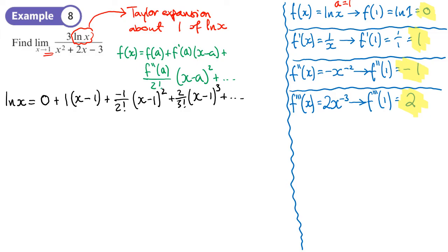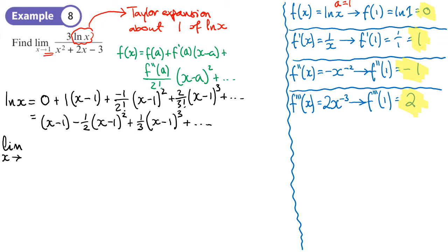So we'll simplify that and we'll have x minus 1 minus a half x minus 1 squared plus 2 over 3 factorial, so 2 over 6, that's a third, x minus 1 cubed. So now we go back to our limit.